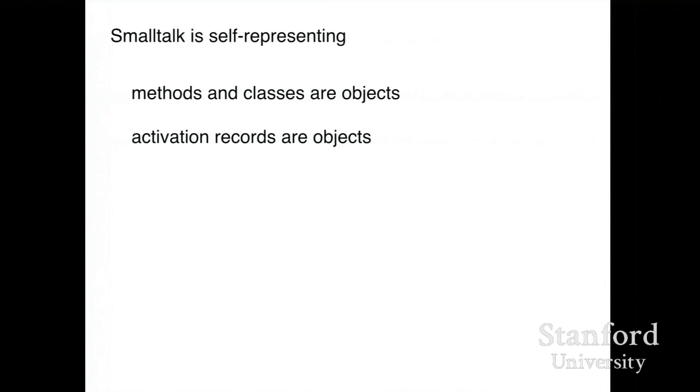So having activation records as objects has a number of implications, and one of them is that the debugger is simply an interpreter over activation records, because when the program is in any state where an error has happened and I've caught the error, I can have a look at the stack.